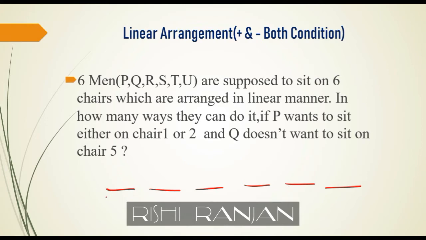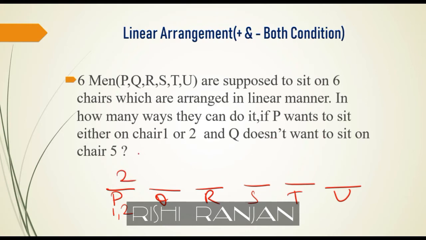There are 6 people, P, Q, R, S, T, U. As we talked about, we start with the positive condition first. Here the positive condition is P wants to sit either on chair 1 or 2. So P can sit on either 1 or 2. There are two options for P.